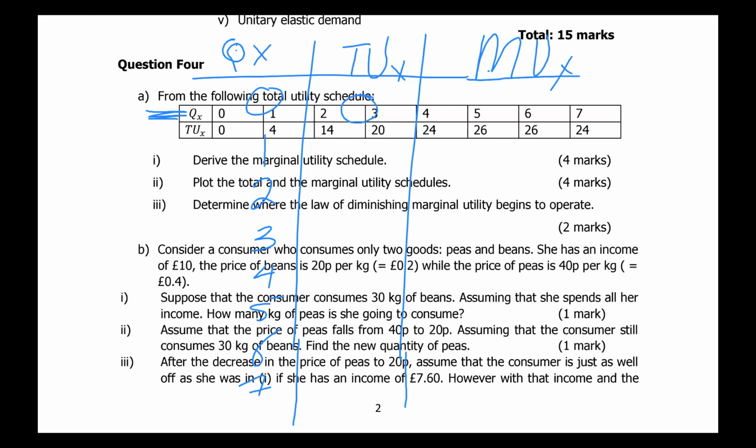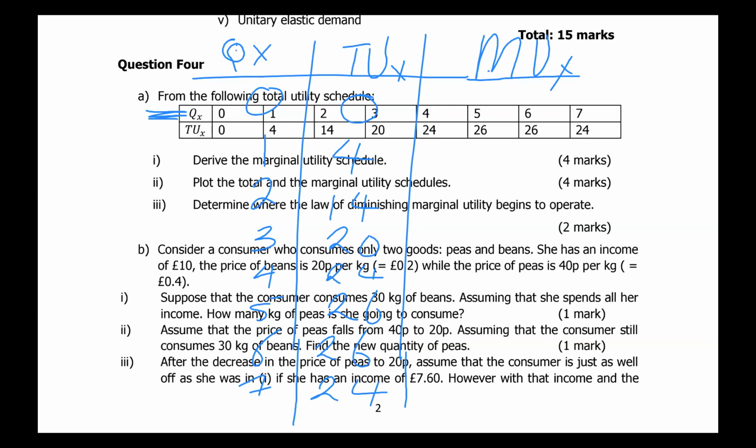When you consume just 1 unit, you get 4 units of utility. Then you consume 2, you have 14. Then you have 20 by consuming 3, 24 by consuming 4, 26 by consuming 5, and 26 again by consuming 6. Then you have 24.